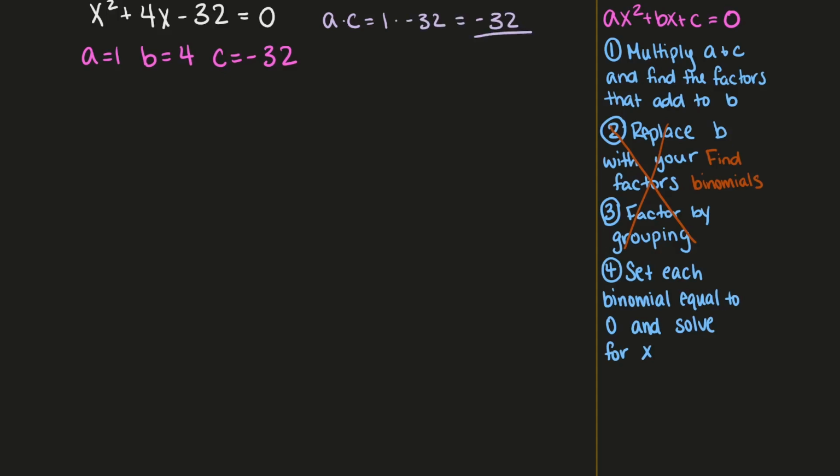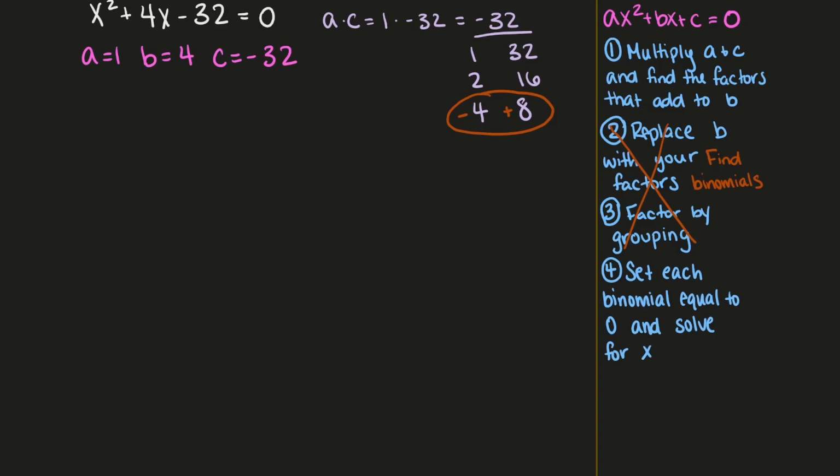The factors of 32 are 1 and 32, 2 and 16, and 4 and 8. The factors of 32 that are going to add to give us positive 4 are going to be 4 and 8, and since we need a positive 4, we're going to have a negative 4 and a positive 8.